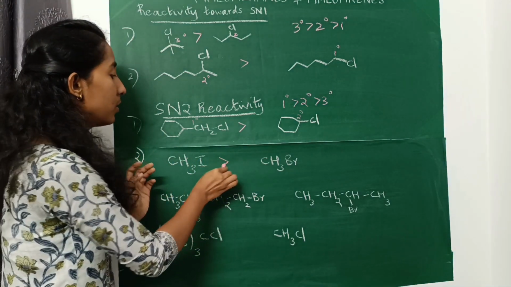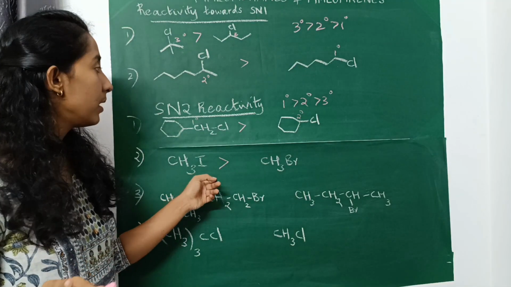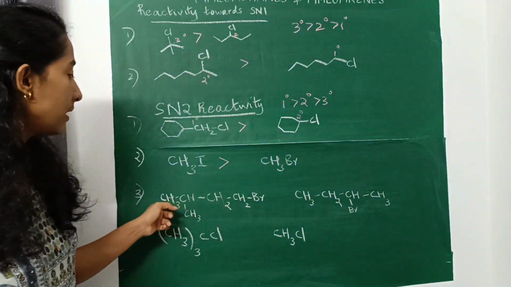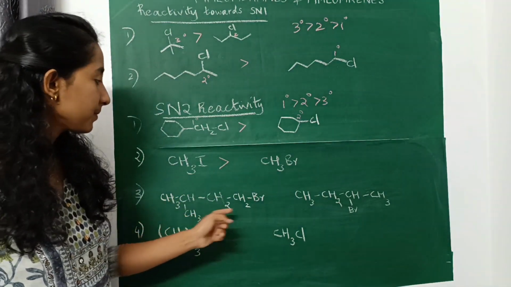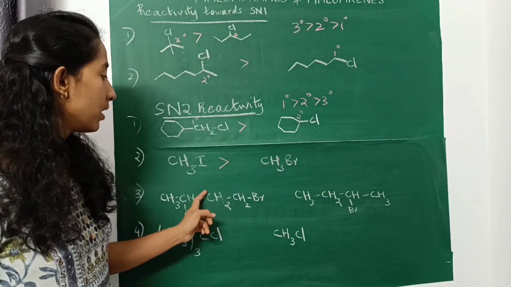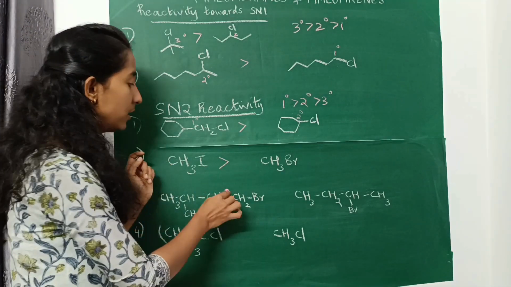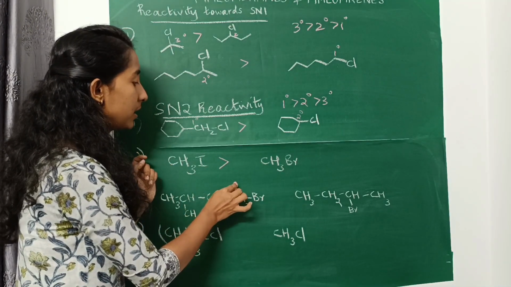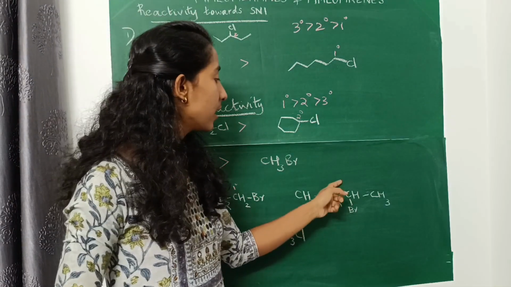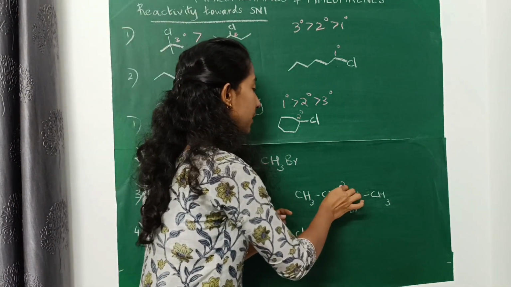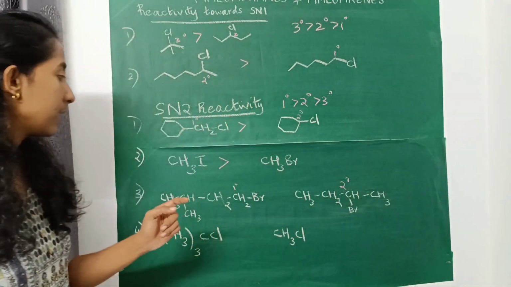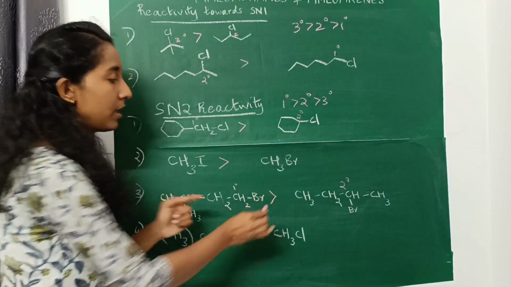Okay. So this will have more reactivity. Then in this case, this is attached to 1 carbon, so this is primary, and in this case attached to 2 carbons, so this is secondary. So basically this will be more reactive for SN2.